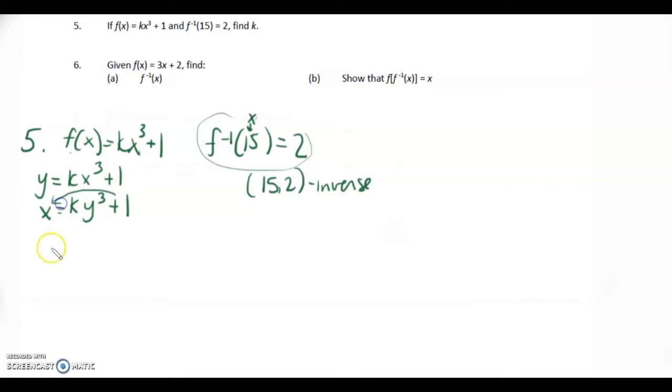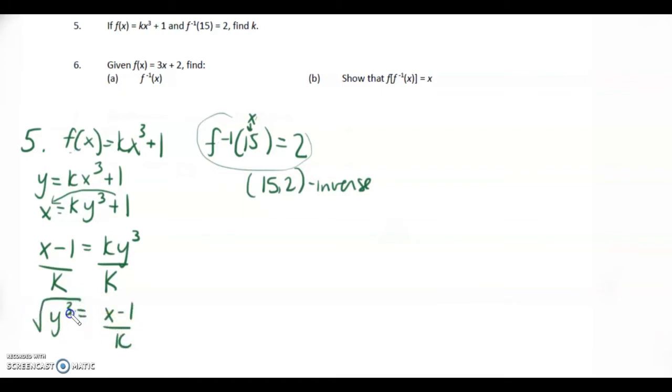Okay, and now we just rearrange. So x minus 1 equals k y cubed. And then we can divide both sides by k. So we have y cubed equals x minus 1 over k.